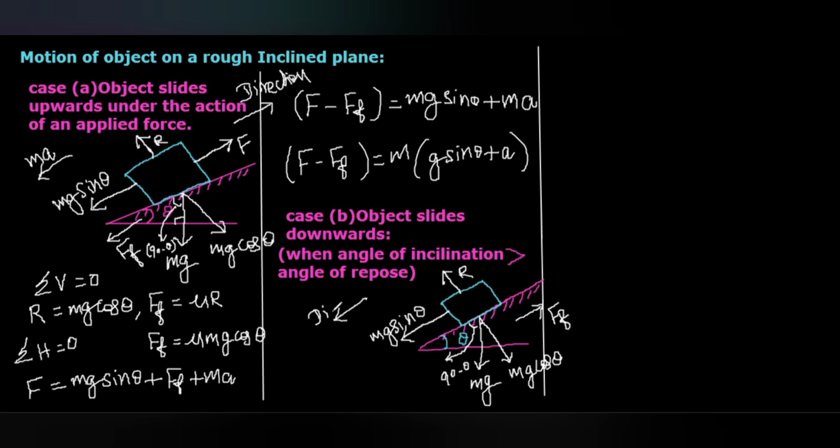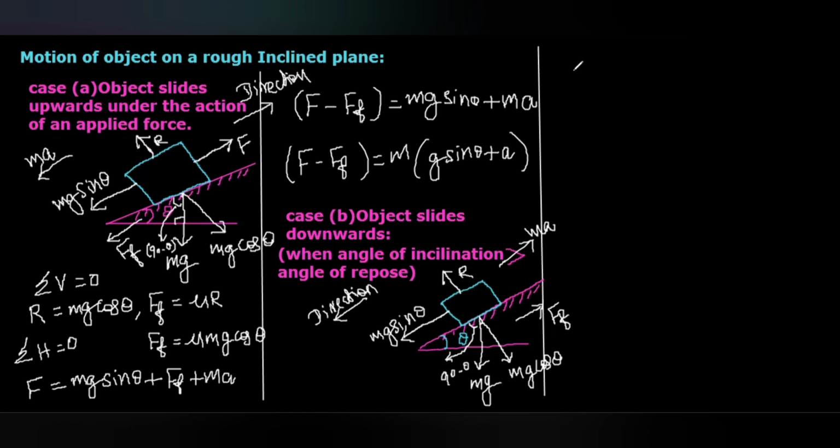That means this is the direction of motion. Then we can take the inertia force ma that will act opposite to the direction of motion. Okay. So these are all the forces acting on this inclined object.